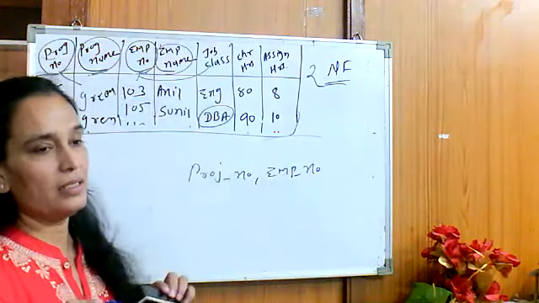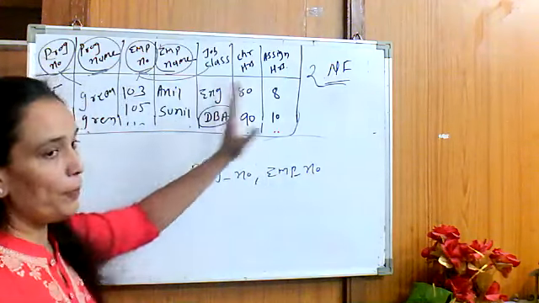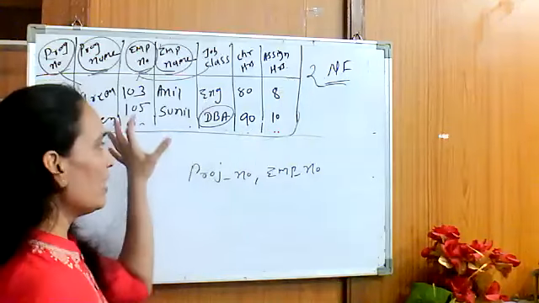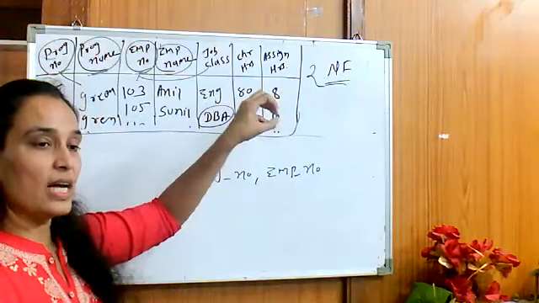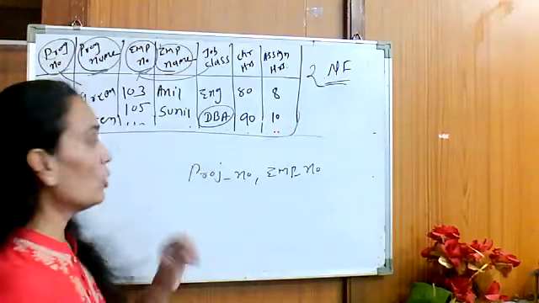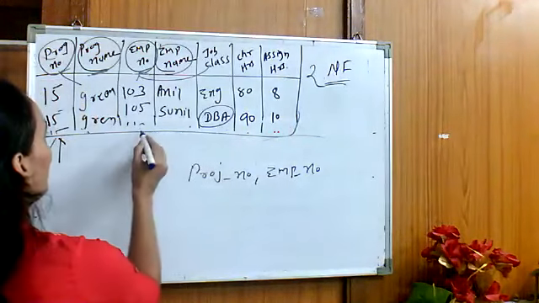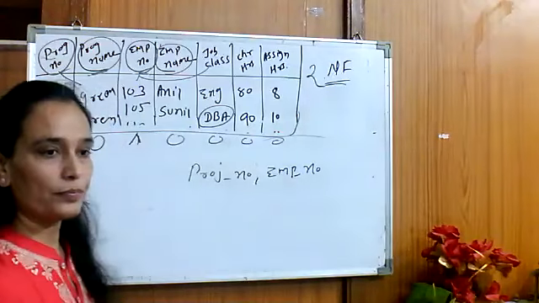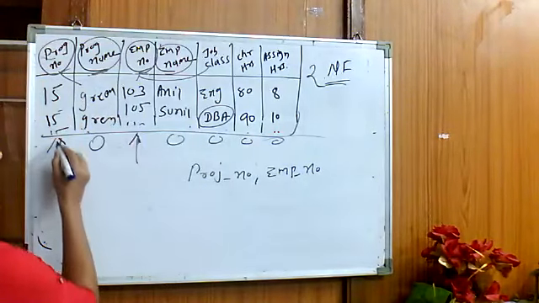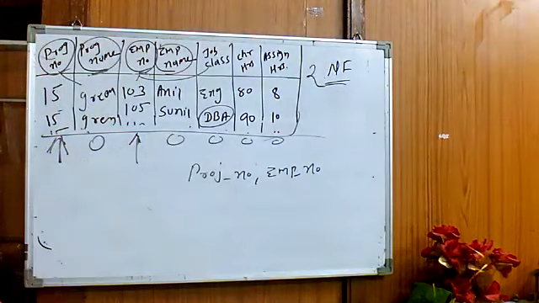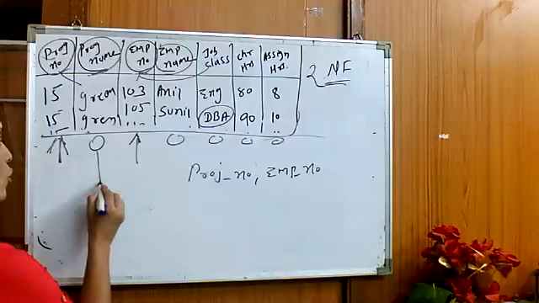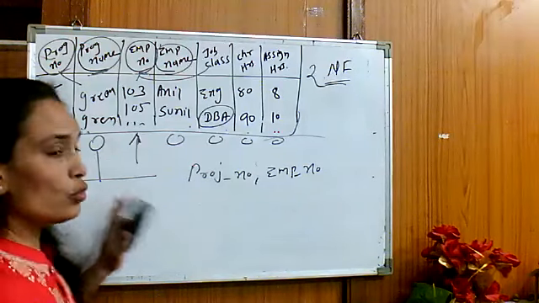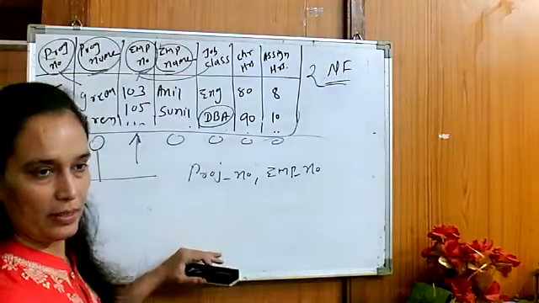So full dependency means all non-prime attributes. Non-prime attributes mean every attribute which is not part of the primary key. So this is our primary key and other attributes are non-prime attributes. All the other attributes except primary key attributes should depend on our primary key.